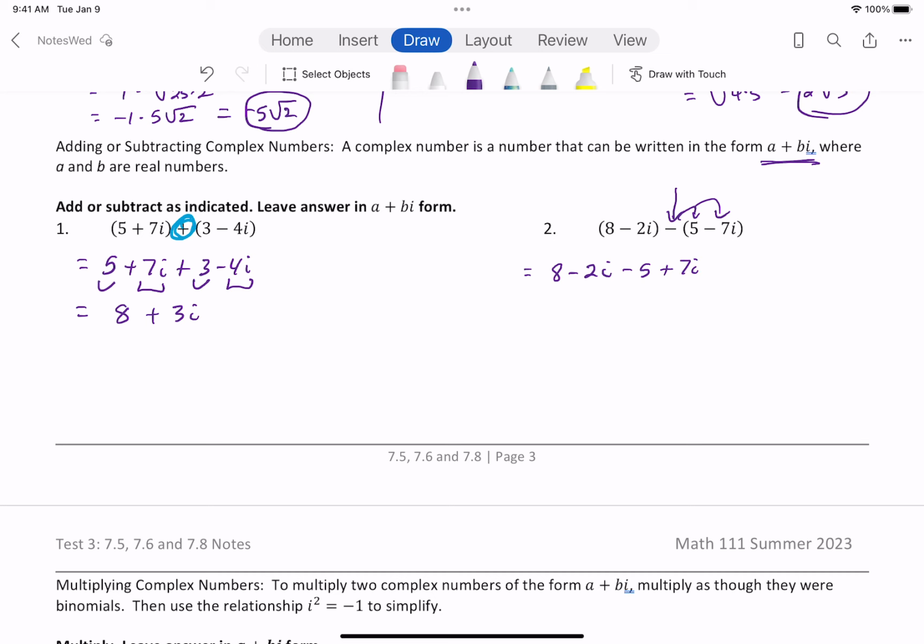That negative outside the parentheses changes both signs. And now, just like the first problem, we collect like terms. 8 minus 5 is 3. Negative 2i plus 7i is 5i. All right?